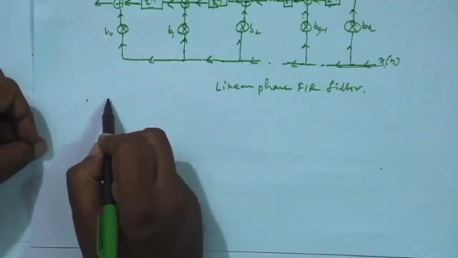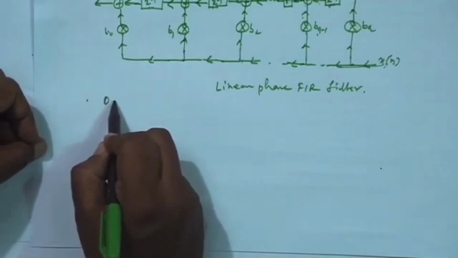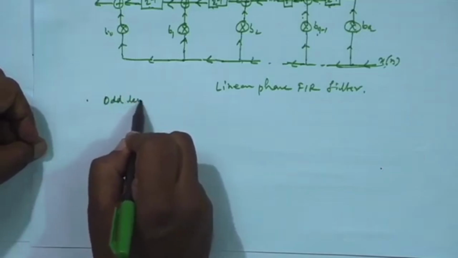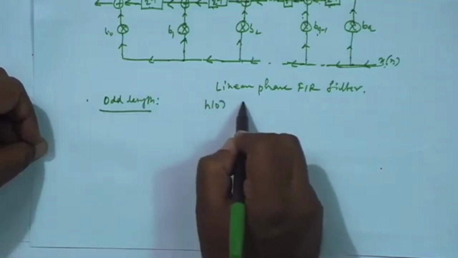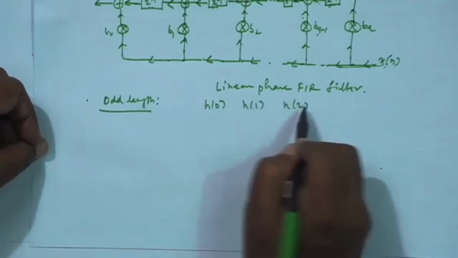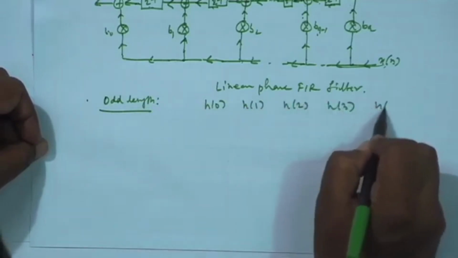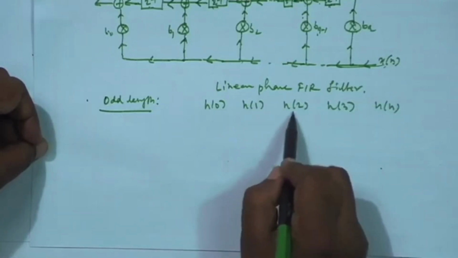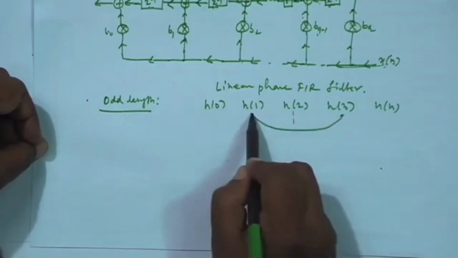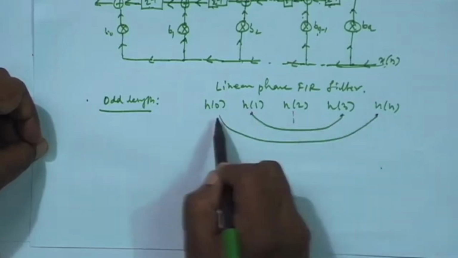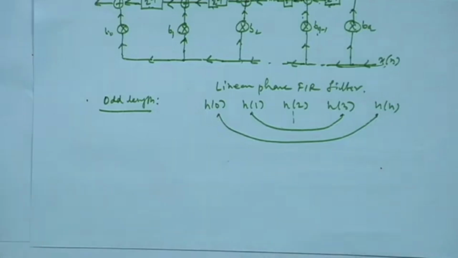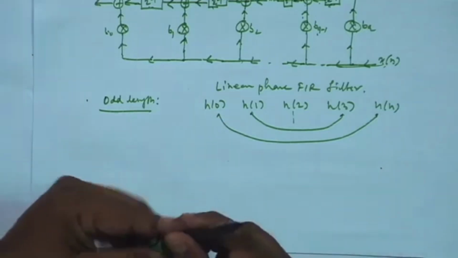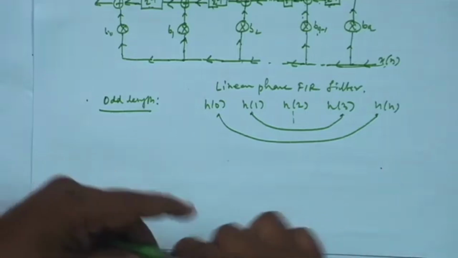Linear phase FIR filter, as an example, suppose you have got odd length. Say H0, H1, H2, H3, H4. So, these two, this is the mirror, these two are the same, and say these two are the same. Okay, length odd. Then what is the transfer function?